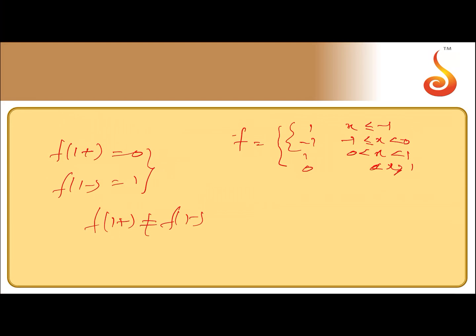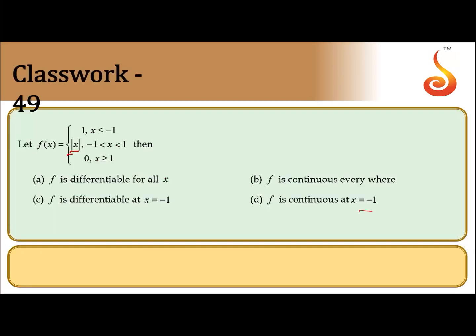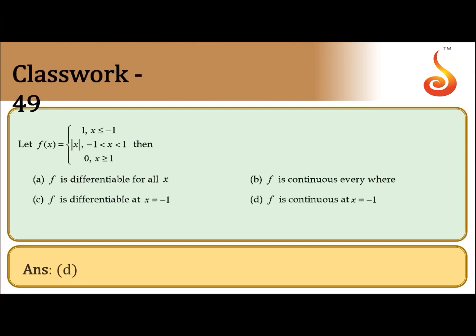Clearly you could see that the derivative at this point minus 1 is 0 and 0, this is differentiable. So therefore, differentiable at minus 1. So the answer is D.